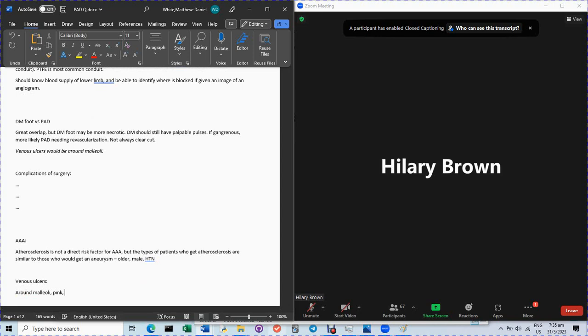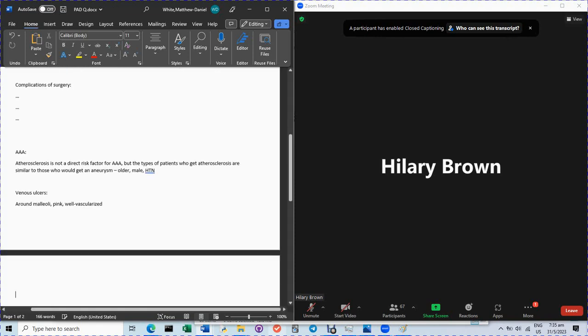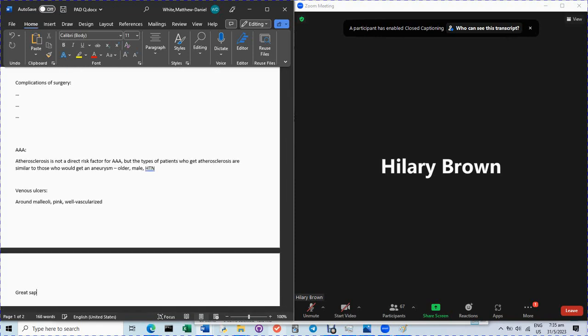So please be able to make the distinction between an ulcer that is at the ankle, is pink, and also one that is on the toe and looks ischemic, right? Two different etiologies. And for some reason, students are often confused. If you can't make the distinction, you are going to fail that clinical station, okay?